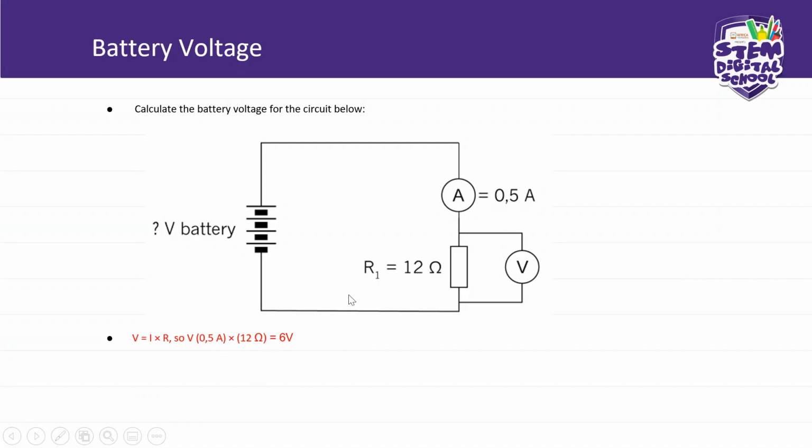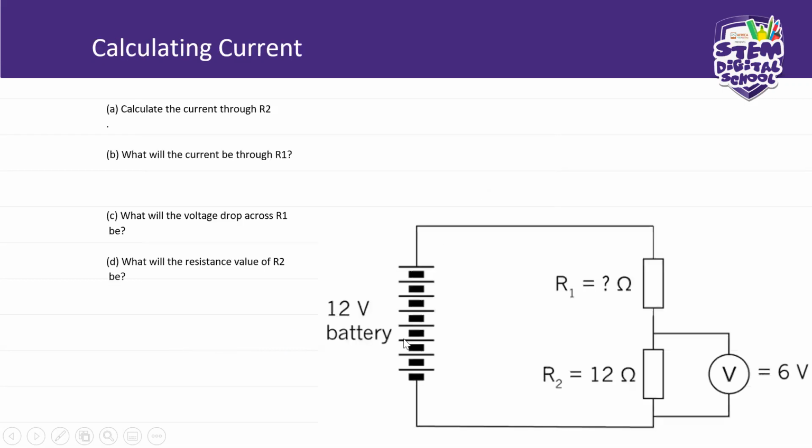For voltage, you must multiply. There's an equal sign that is missing here. You must multiply current by resistance. Then the value of this battery will be 6 volts. The answer is 6.